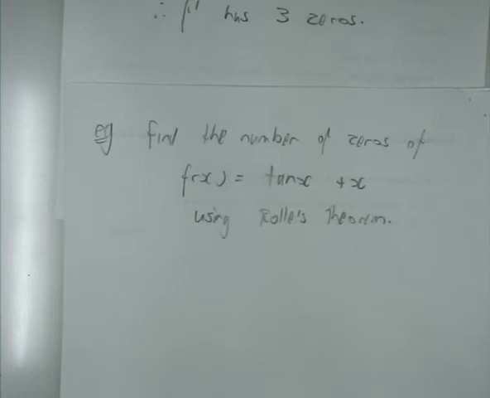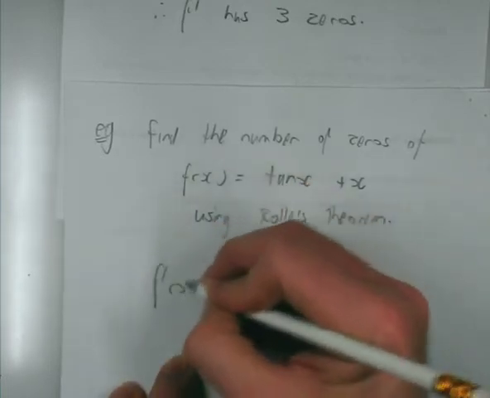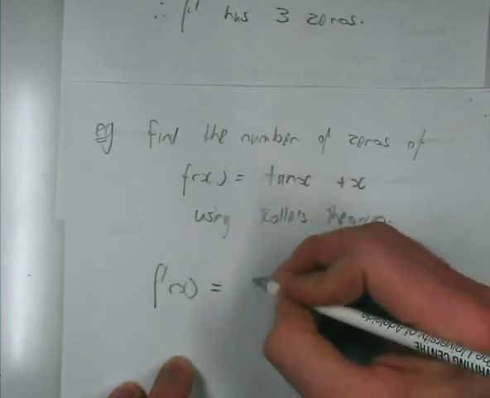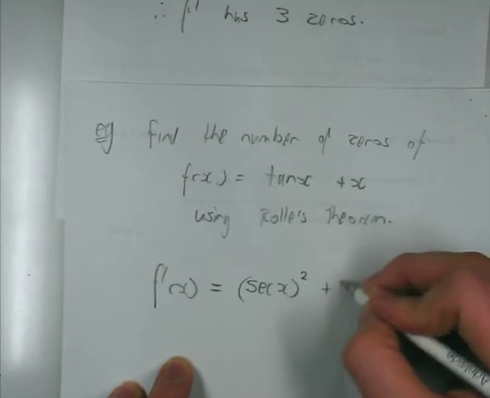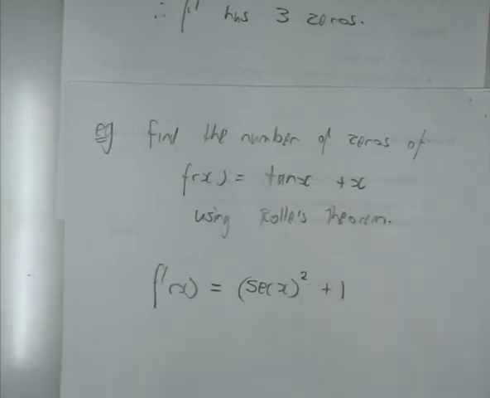They've just asked me how many zeros it has. Rolle's theorem relates the zeros of f to the zeros of its derivative. So if I'm going to use Rolle's theorem, I should differentiate it to see what I get.